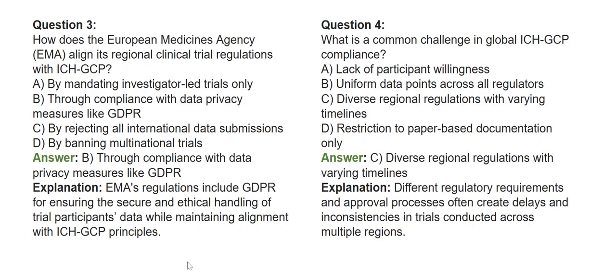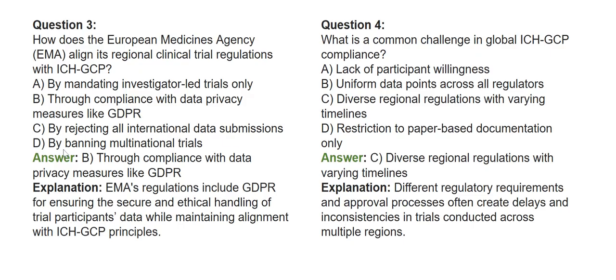Question 3. How does the European Medicines Agency, EMA, and the European Union align its regional clinical trial regulations with ICH-GCP? Is it A, by mandating investigator-led trials only? Is it B, through compliance with data privacy measures like GDPR? Is it C, by rejecting all international data submissions?